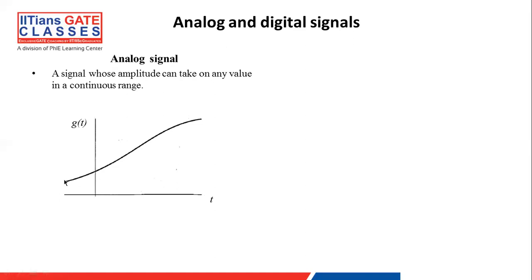So it can take any value from minus infinity to infinity in the y-axis, let's say pi, minus pi, 1 by 3, 1 by 4, minus 1 by 4, and so on. The x-axis can be discrete or continuous.